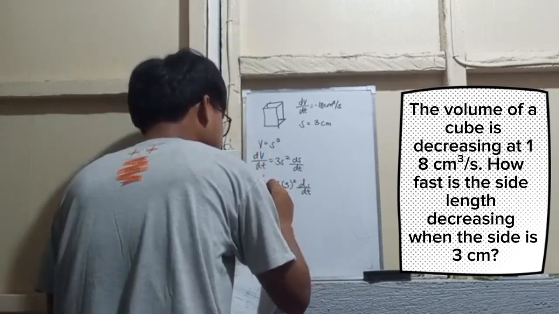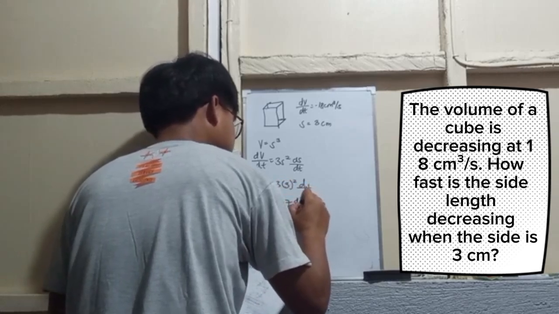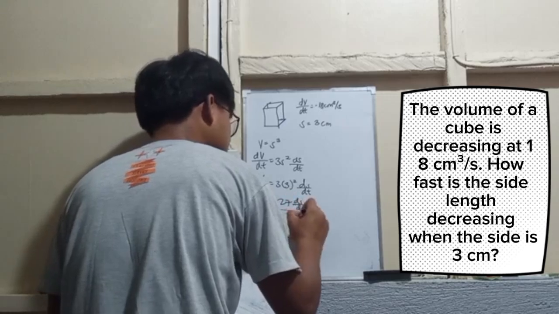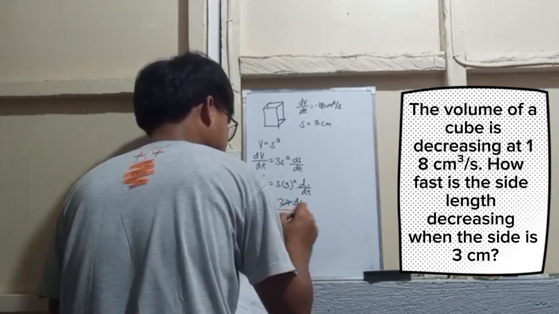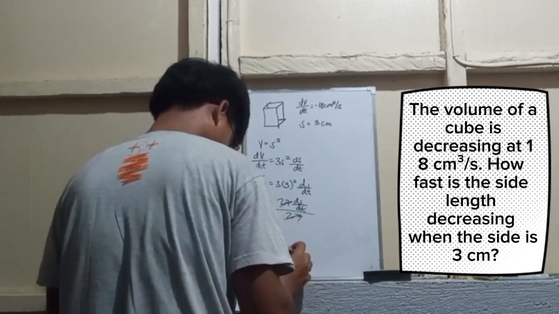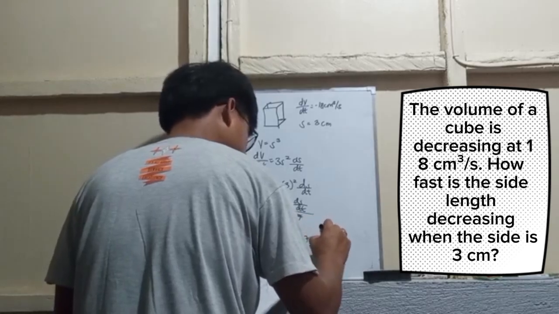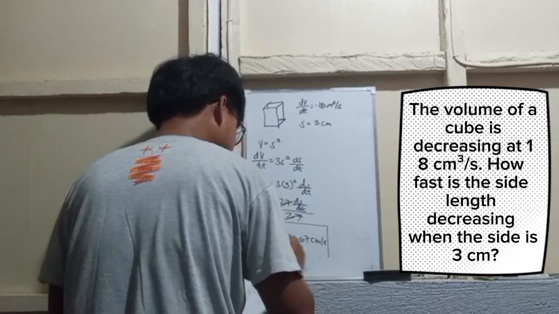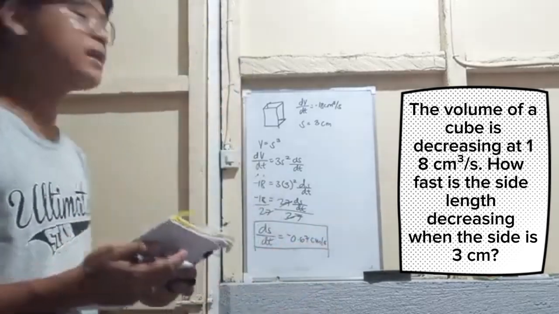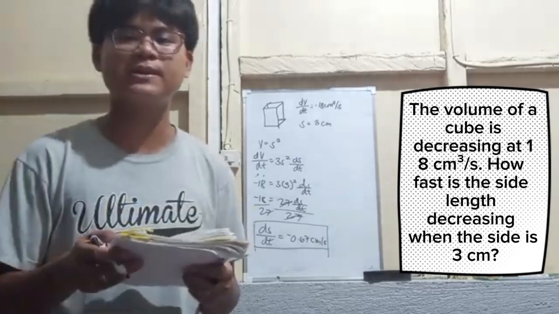Then now solve. Divide both sides by 27. Cancel. Then we will get the value of ds over dt as negative 0.67 centimeter per second. We now have the final answer of the rate of the side as negative 0.67 centimeter per second. So we'll proceed to the next problem.